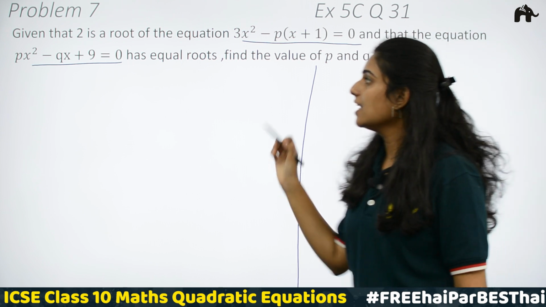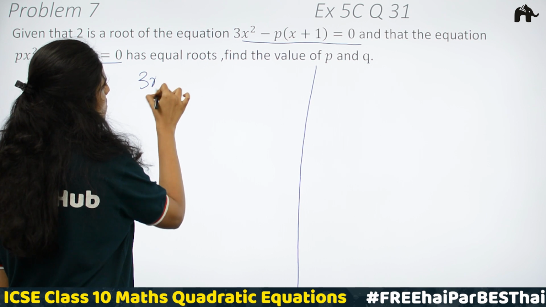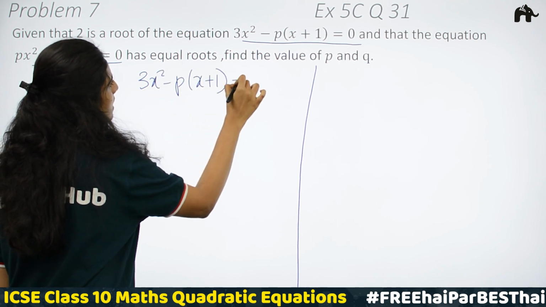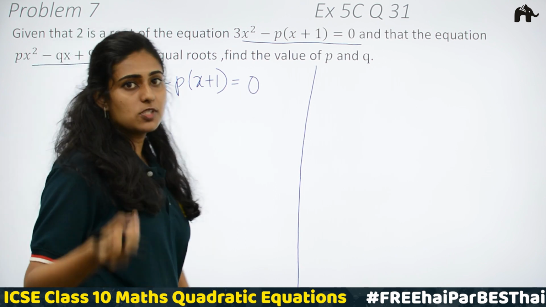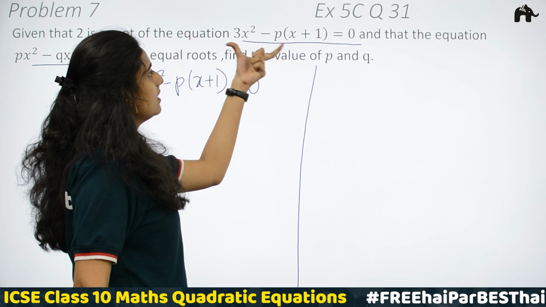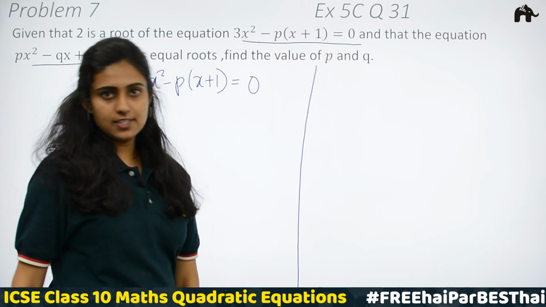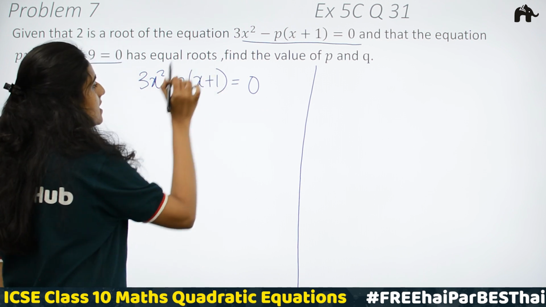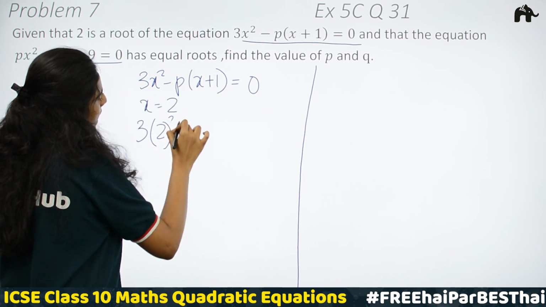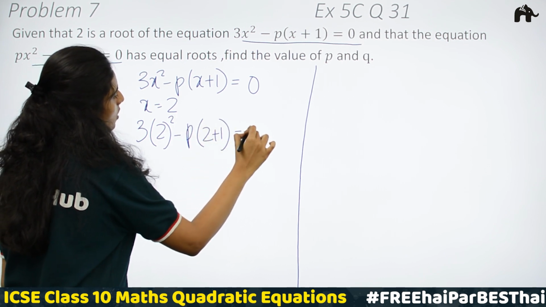Given that 2 is the root of the equation 3x square minus p into x plus 1 is equal to 0, which means when you substitute x is equal to 2, we will be getting this part of the equation equal to 0. Let's substitute x is equal to 2. 3 into 2 square minus p into 2 plus 1 is equal to 0.